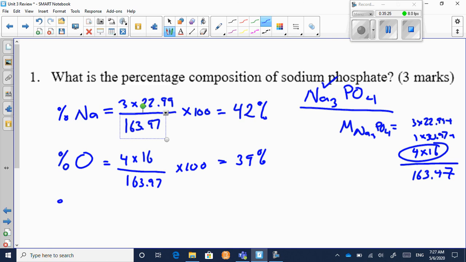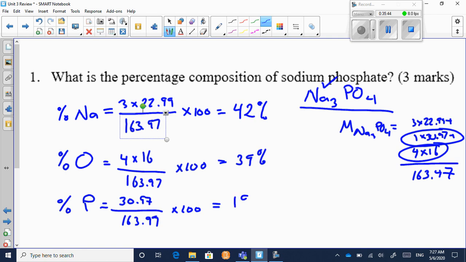And then finally, for the percent of phosphorus, there's only one phosphorus, so it's just going to be the 30.97 divided by the 163.97 times 100, and there I get 19%. And if I've done my rounding correctly, those three should add to the 100%. So just double check it, to make sure it works.